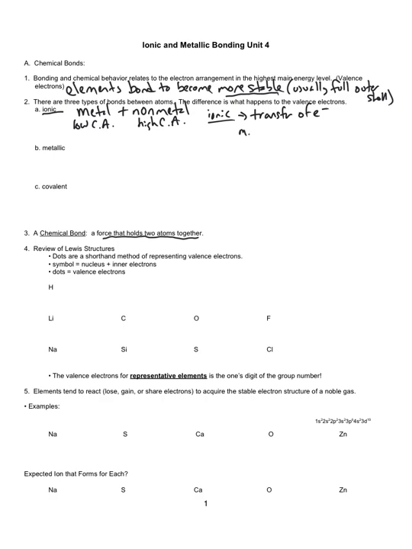The metal will transfer valence electrons to the nonmetal. And with that transfer, we end up getting a positive ion and a negative ion. And because we have oppositely charged particles, there is attraction.